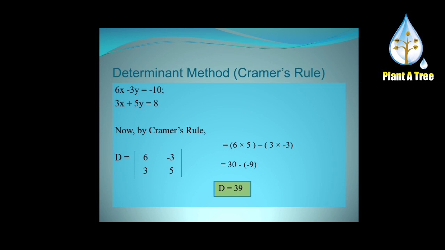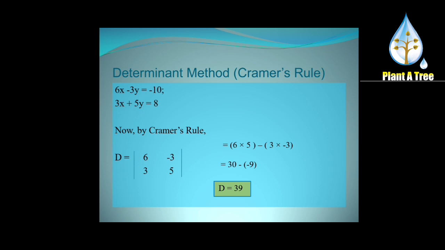Now by Cramer's rule, determinant D is equal to: vertically, 6 and 3 are the coefficients of the x variable, and similarly minus 3 and 5 are the coefficients of the y variable.